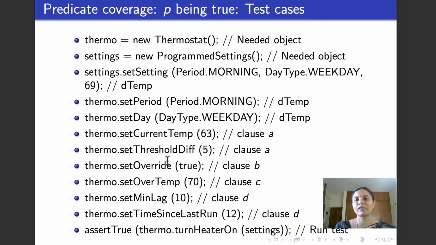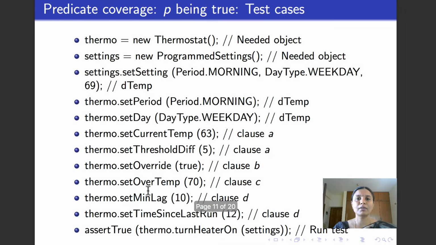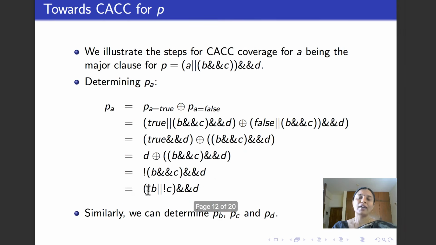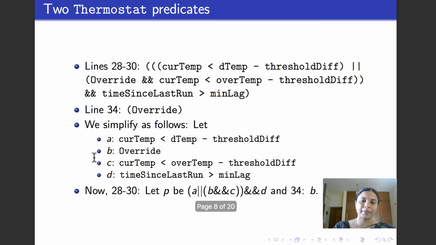It contains the final set of test cases that test predicate P, occurring at lines 28 to 33, for predicate coverage being true. Similarly, for predicate coverage being false, I have to give test cases that will make A, B, C, and D true or false appropriately. So for this predicate to be false, what could I do?